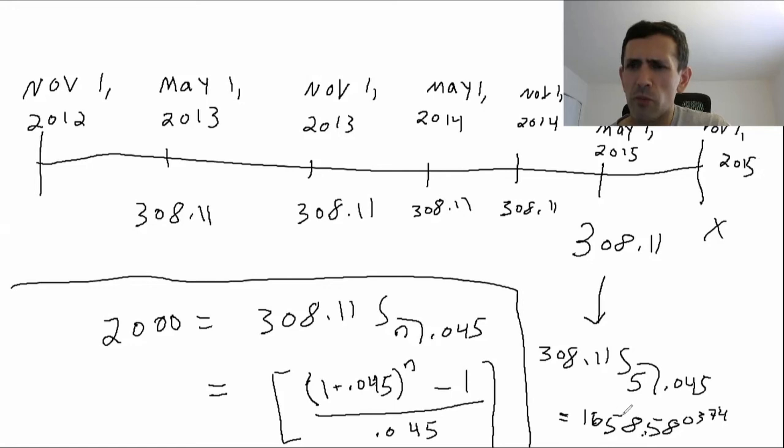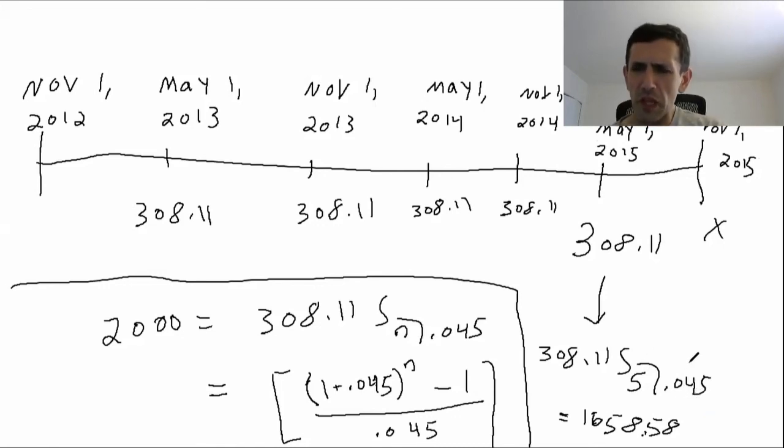So this is the accumulated value from the 308.11 deposits. This accumulates to $1,658.58.